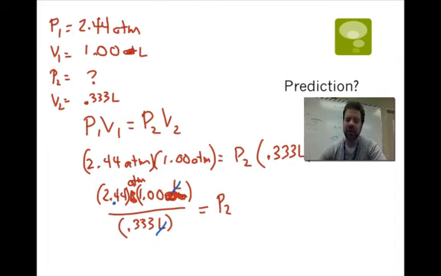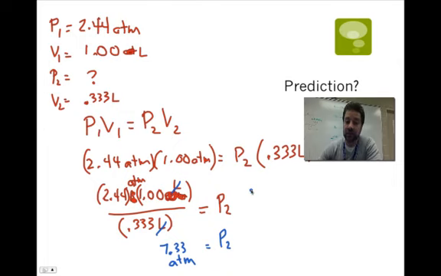What we're left with really is 2.44 times 1, which is 2.44, divided by 0.333. If you have a calculator, it's very easy to divide 2.44 by 0.333. And when we do, we wind up getting P2 is equal to 7.33 atm, atmospheres of pressure.